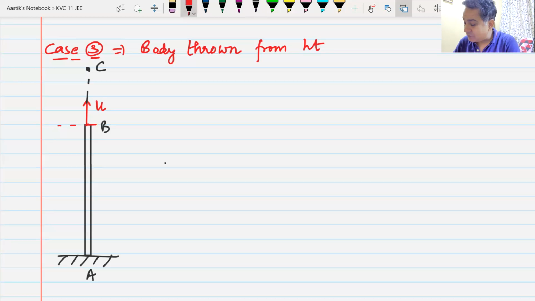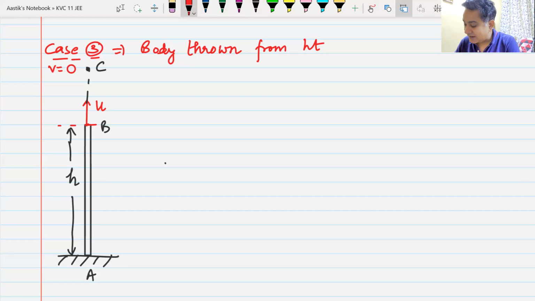At the point C, what will be the velocity, which will be the highest point? It will be 0. Yes or no? Okay. It will reach up till point C. At point C, its velocity is going to be 0.